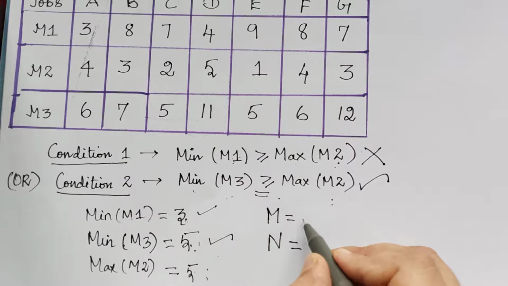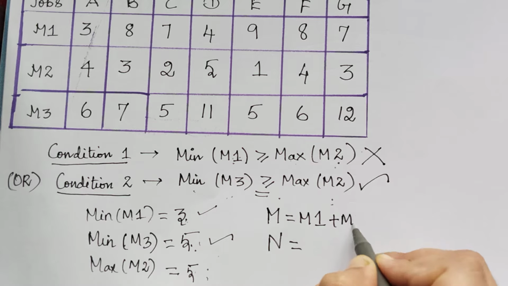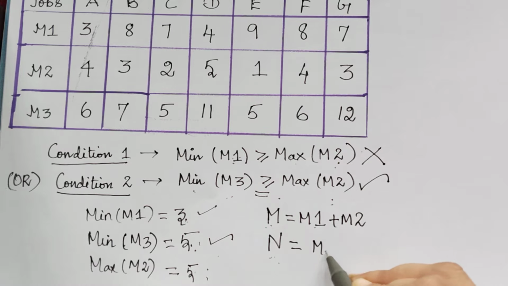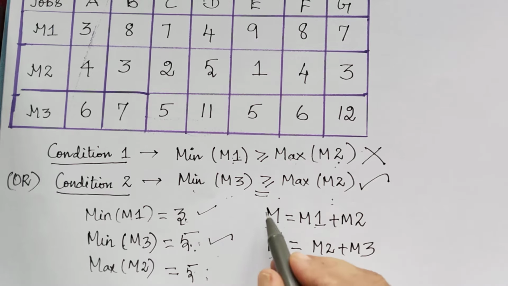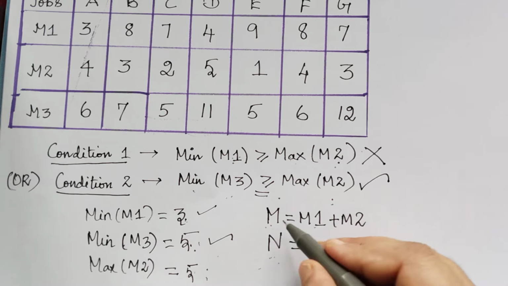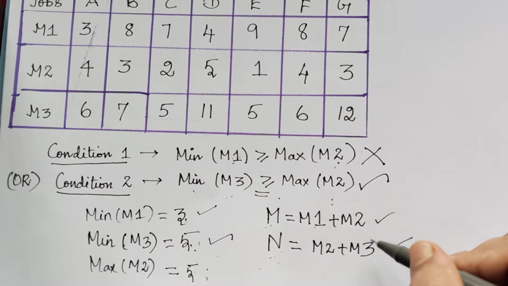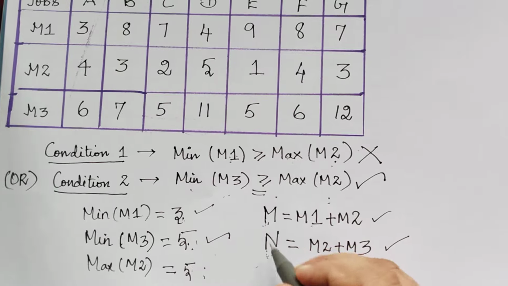We obtain it by adding the processing times of M1 and M2, and we form the processing time of the machine M. And the processing time for machine N will be M2 plus M3. So by doing this, we are going to find the two new machines M and N, and using that we will be finding the job sequence. So let us find the two machines M and N now.